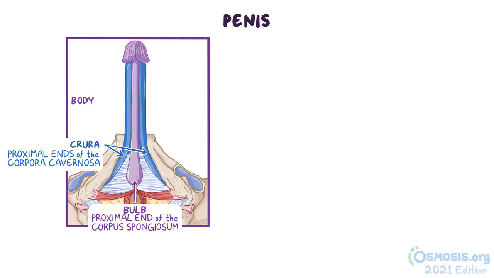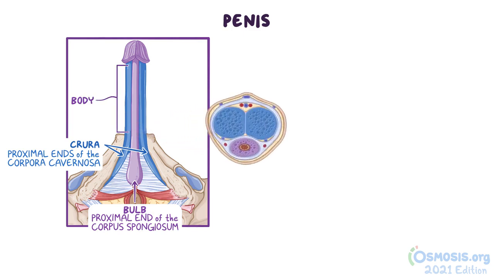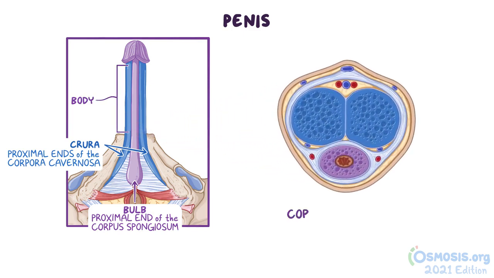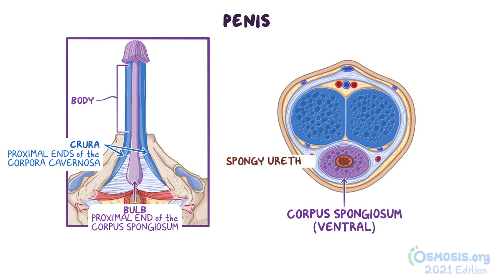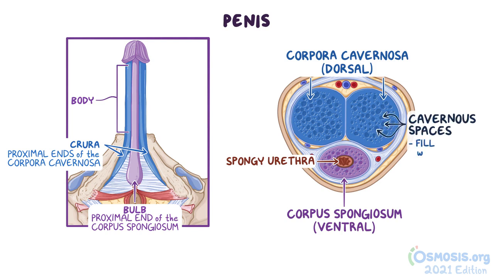In the body of the penis, these erectile tissues form three columns with the single corpus spongiosum lying ventrally, surrounding the spongy urethra, and the paired corpora cavernosa lying dorsally. These erectile tissues house tiny spaces called cavernous spaces, which fill with blood during an erection. Finally, the corpus spongiosum extends distally to form the glans penis.